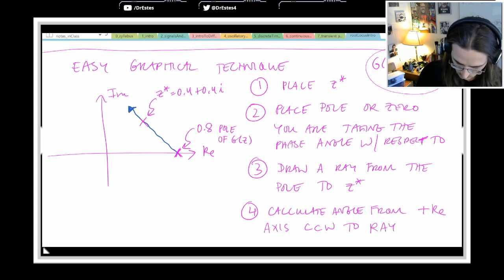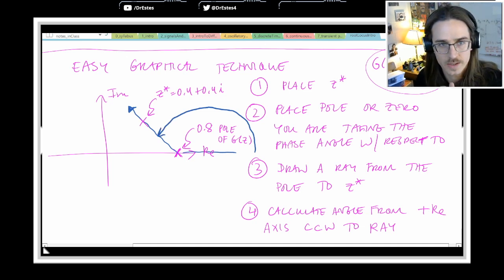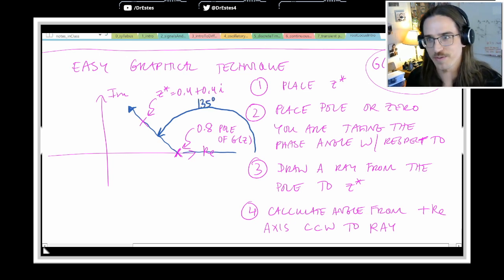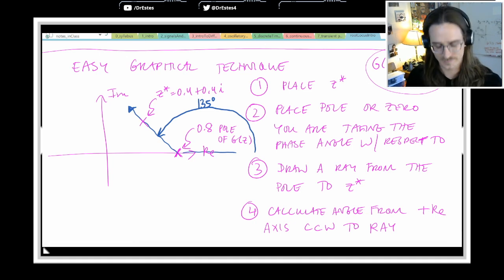So we'll go from the positive real axis counterclockwise all the way to this ray. And you could use trig to calculate this angle. This one actually is 135 degrees.